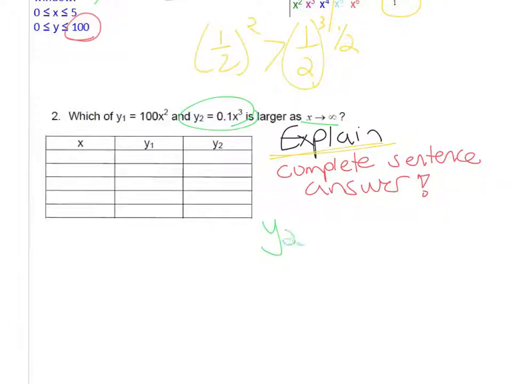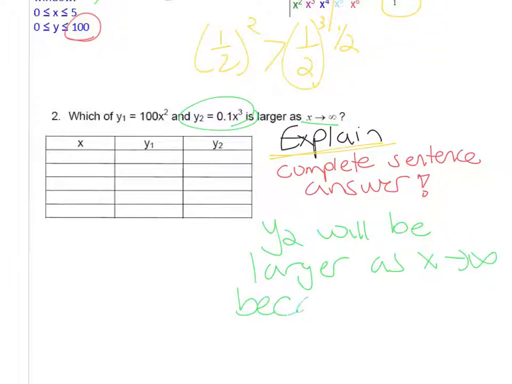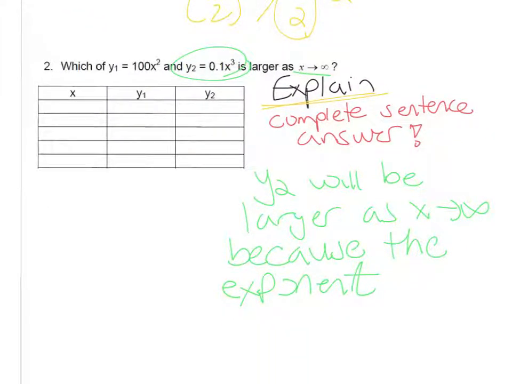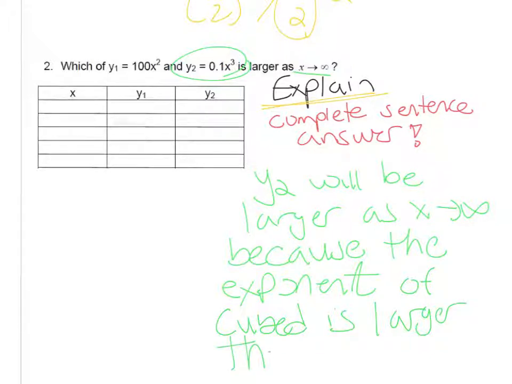So I'm going to say y2 will be larger as x goes to infinity because, and this is the explain part, the exponent of cubed is larger than squared.